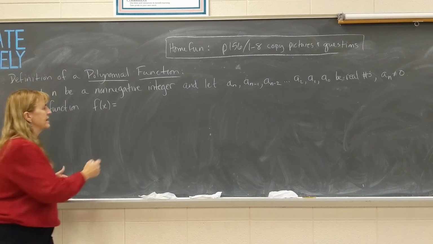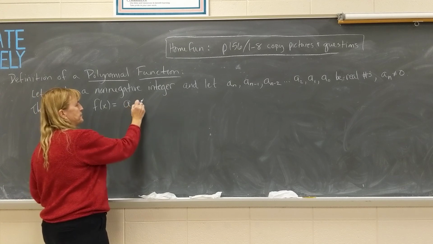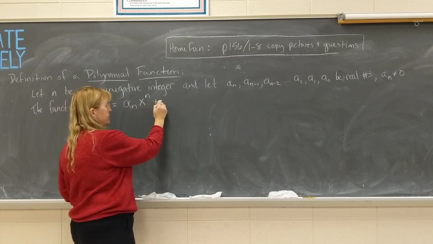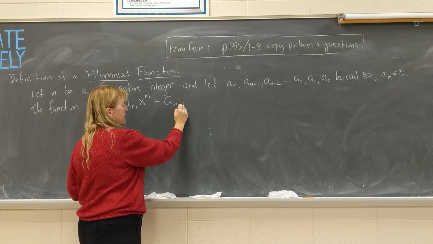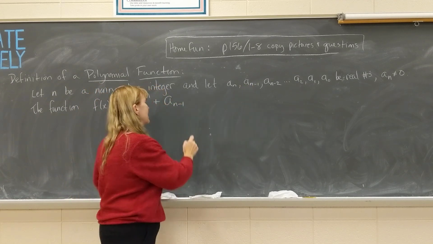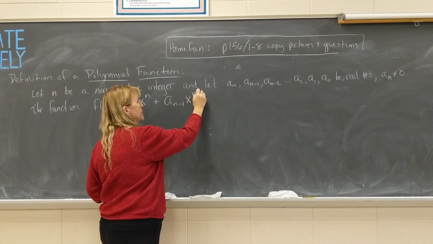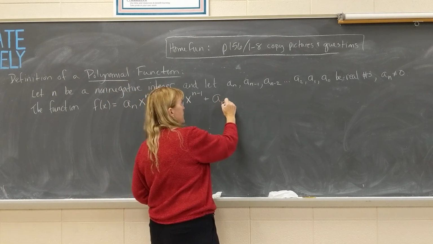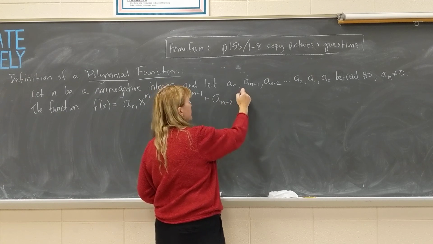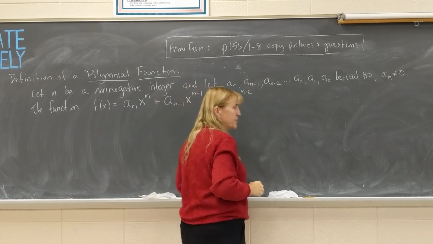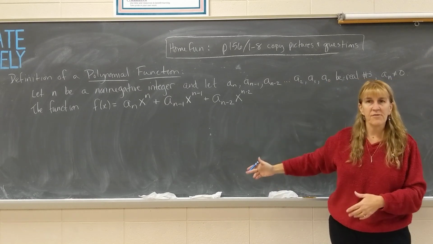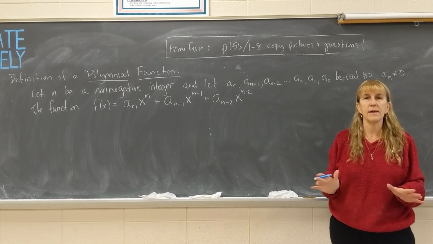So the function f of x equals a sub n x to the n plus a sub n minus 1 x to the n minus 1 plus a sub n minus 2 x to the n minus 2. And I could keep going and do minus 3s and minus 4s, and I know it looks a little complicated right now, but it's really not.